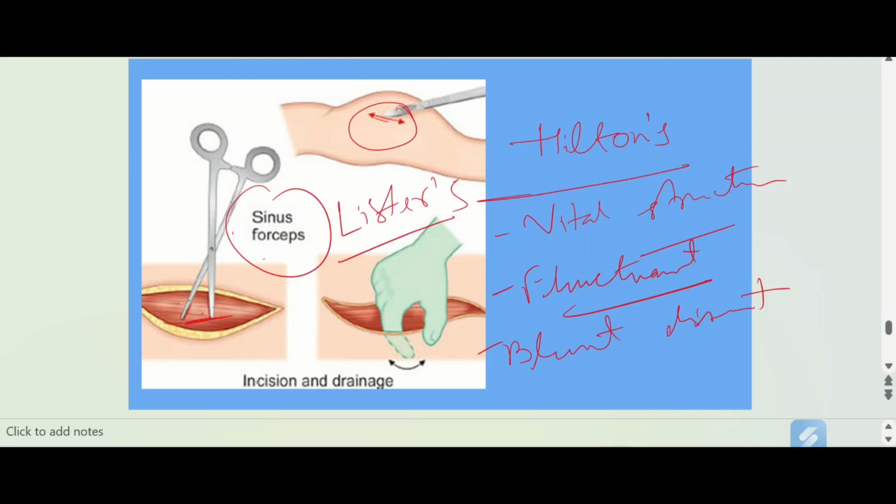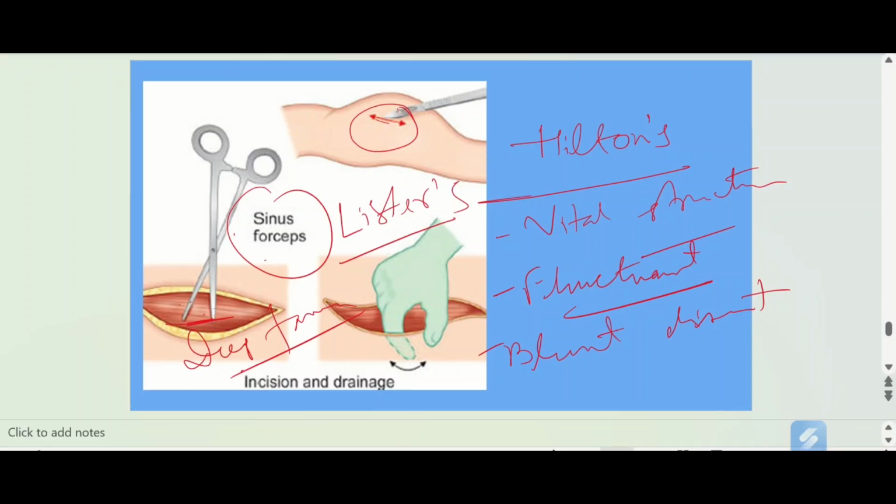We push it until it reaches the deep fascia, and then we puncture the deep fascia, open the blades of the sinus forceps, and then we draw it out while the blades are still open. We always open the blades parallel to the vital structure, that is, parallel to the major blood vessel. We open the blades and then we take it out.